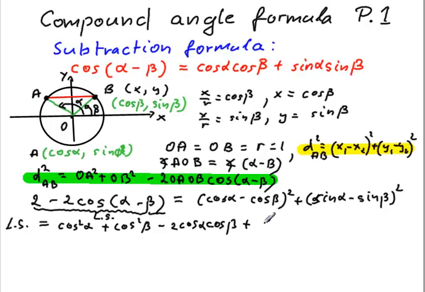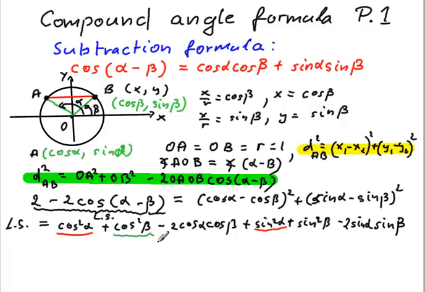Similarly, I'm going to do the next binomial square. So sine squared alpha plus sine squared beta minus 2 sine alpha sine beta. Okay, so Pythagorean identity. If you connect cos squared alpha with sine squared alpha, that will give you 1.